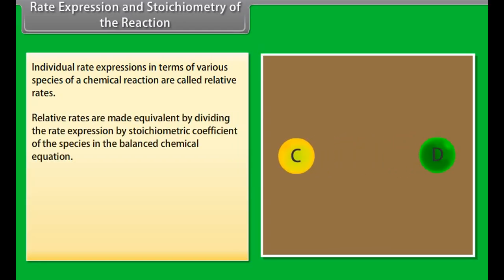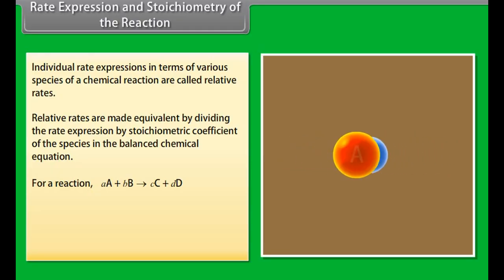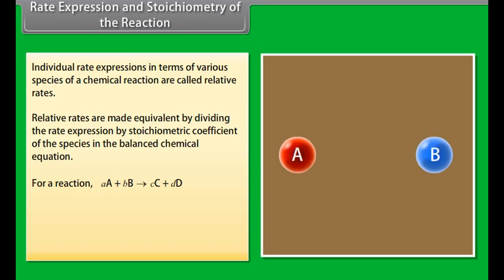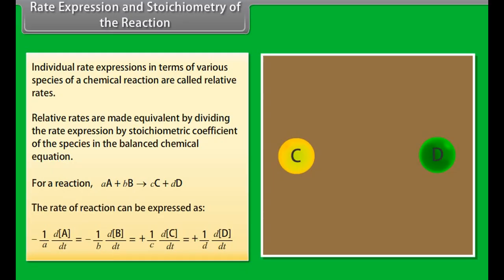Relative rates are made equivalent by dividing the rate expression by stoichiometric coefficient of the species in the balanced chemical equation. For a reaction, small a, capital A, plus small b, capital B, makes small c, capital C, plus small d, capital D, the rate of a reaction can be expressed as follows.